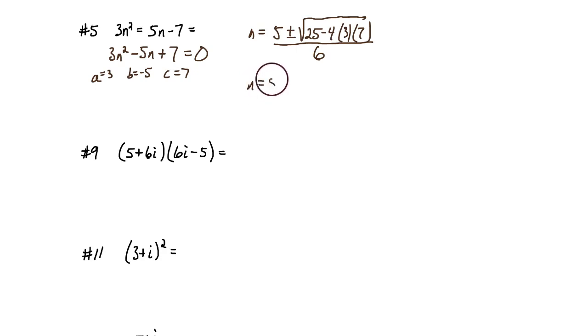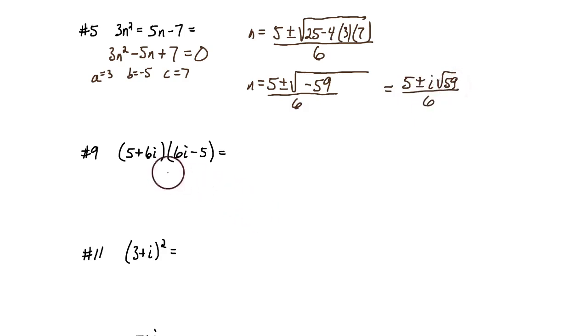Next step, figure out what's in the radical. That all makes negative 59. So our answer is 5 plus or minus i times the square root of 59, all divided by 6.